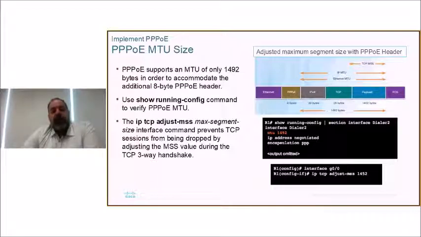And so with show running-config, you should look to make sure that that command is in there. The IP TCP adjust-mss interface command prevents TCP sessions from being dropped by adjusting the maximum segment size during the three-way handshake.